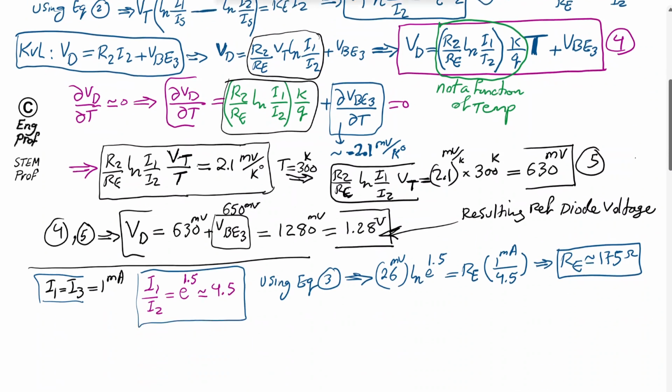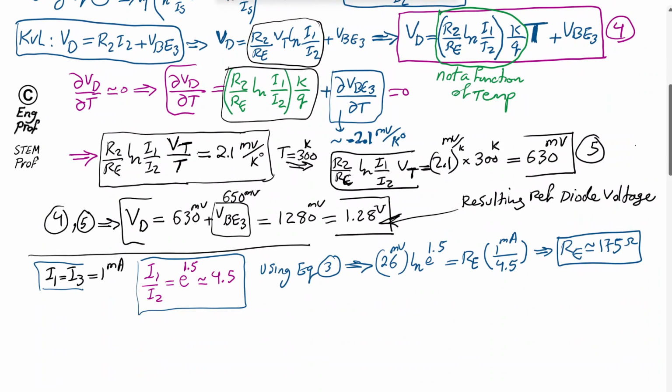I am going to use that because VD is known now. I computed VD, which is the famous final result I found for the voltage here, right? 1.28 volt. I'm going to highlight it with a red color. That is the voltage of the reference diode we actually designed here. So what I'm going to say is VD equal to R2 I2, that we just computed, plus VBE3.